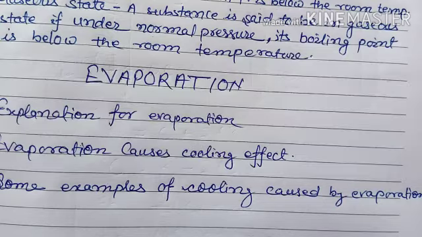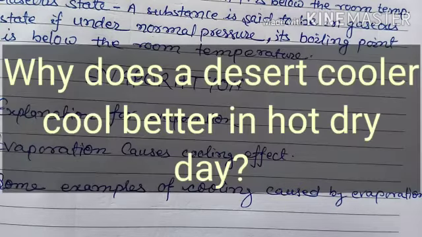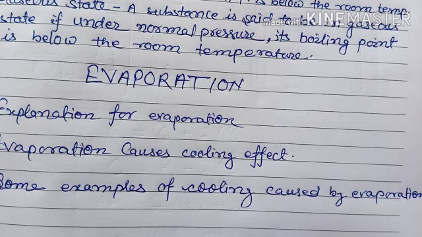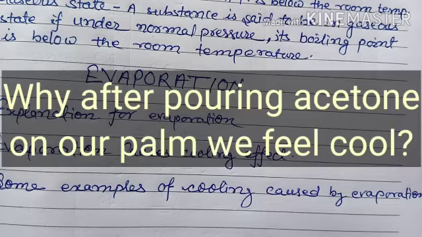Next example, students: a desert cooler cools better on a hot dry day. When the hot air passes through the wet pad of a cooler, the heat is taken by the wet pad for evaporation, resulting in cooling of the air. Another example is pouring spirit or acetone on our palm and nails causing cooling.